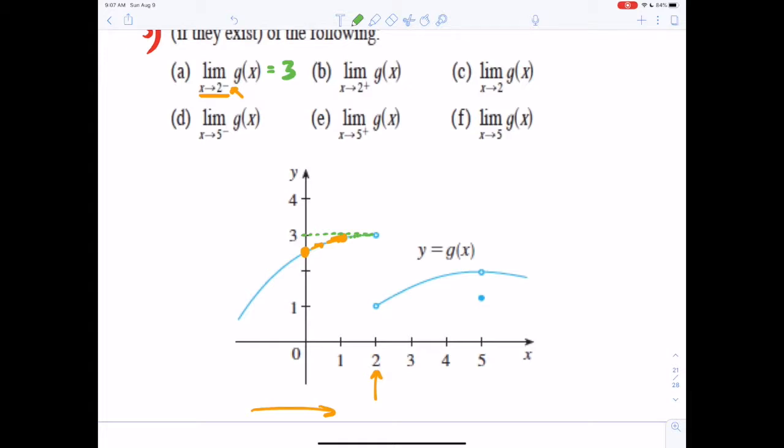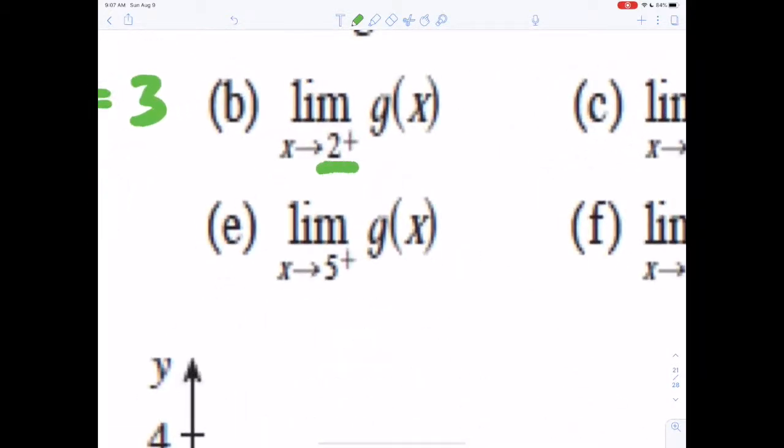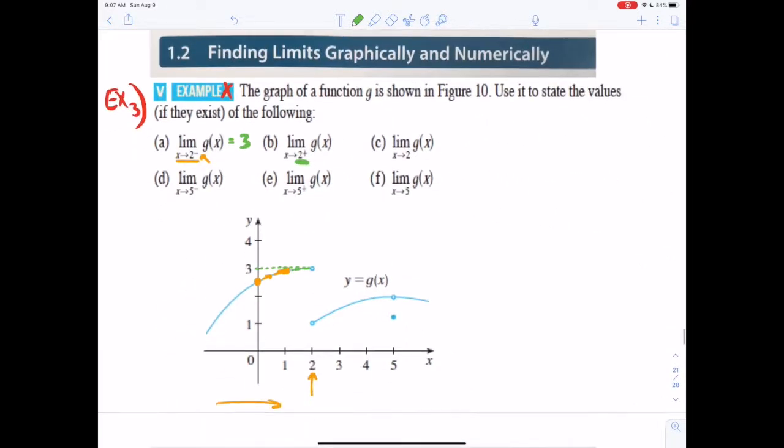Part B. Here's the limit of g of x as x approaches what? 2 from the right side. So what's a number to the right of 2? 3 or 4 or 5. It really doesn't matter. But remember, the definition is we're trying to find the y value as we get really close to 2 from the right side.